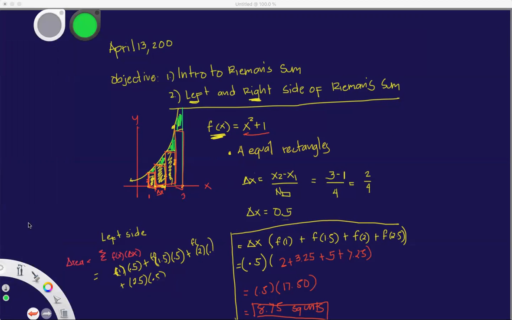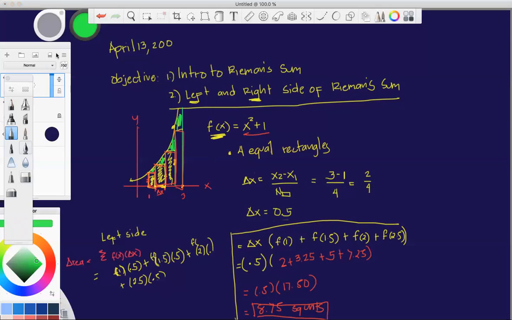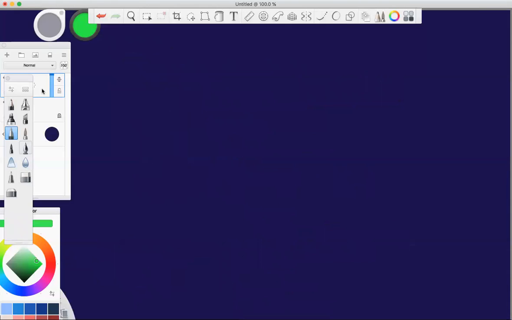Okay, guys, can I erase now? Yes. Okay, so let's try to redraw again our example. Okay, still the same problem.